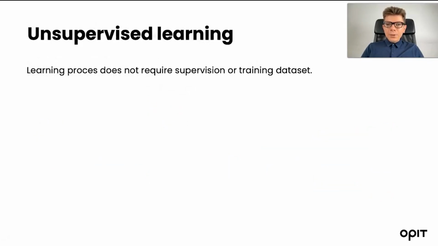A slightly different story is with unsupervised learning. Here, the learning process does not require supervision or a training dataset. In this approach, we have input data, and it again could be a set of different shapes.